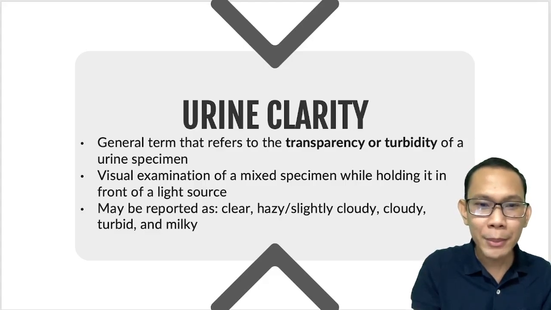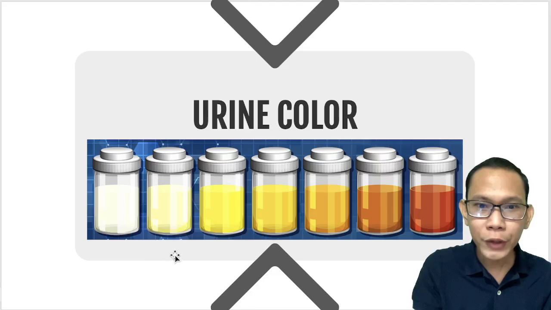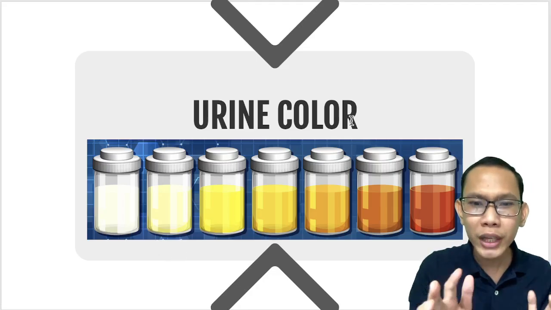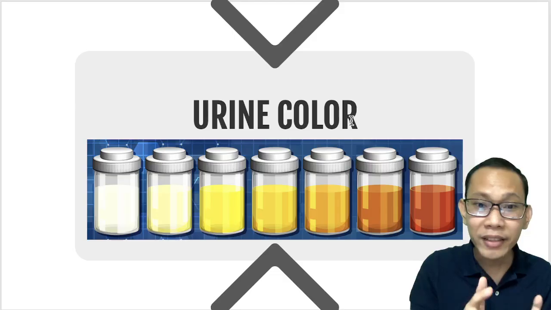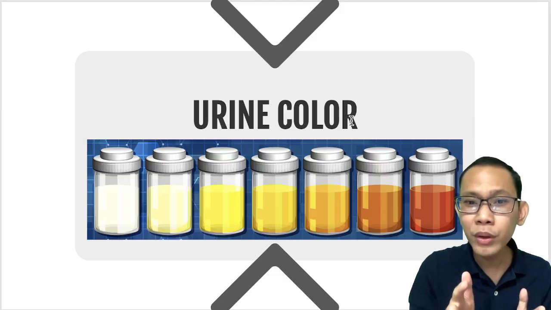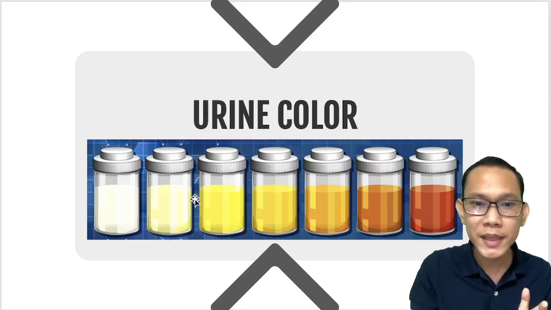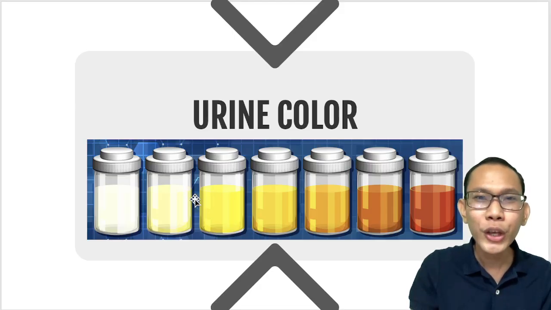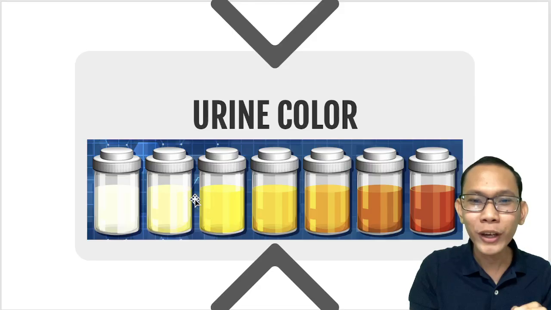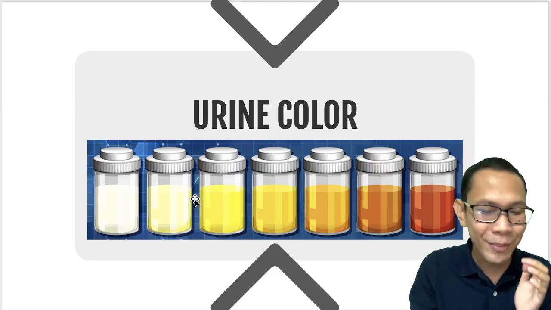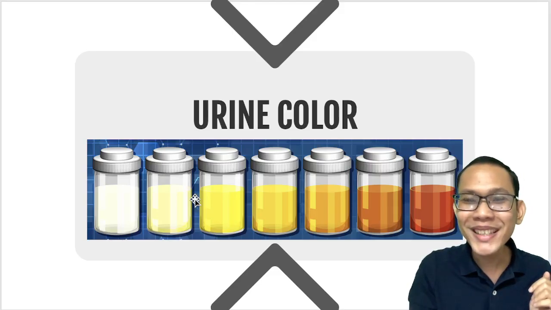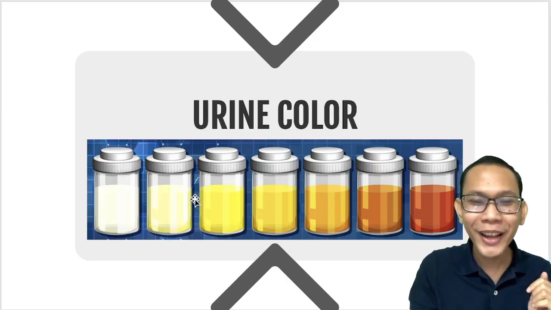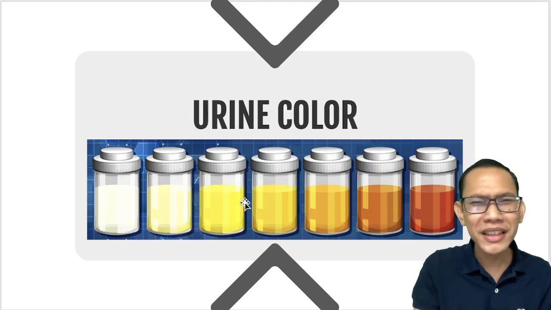So, next parameter, again, I just want to clarify, no? So, sa urine color, you can identify it whether it is a light, pale, yellow. For example, the specimen is yellow. You can identify that as whether pale yellow or light yellow, yellow or dark yellow. Again, you don't have to identify color as yellowish, greenish. Ito talaga pinaka very common mistake sa amin dati kasi we try to identify, parang hindi kami sure na, is it yellow?